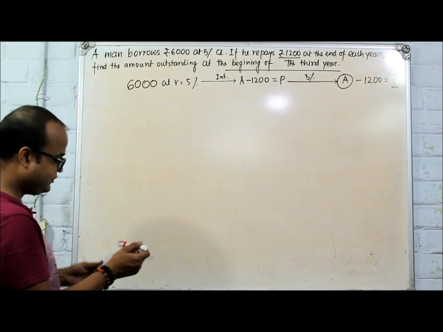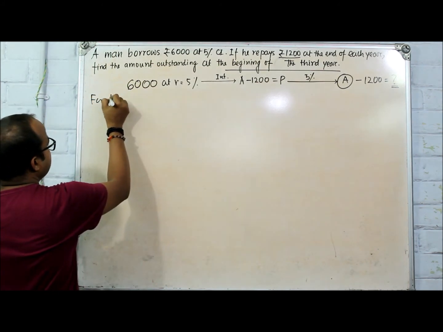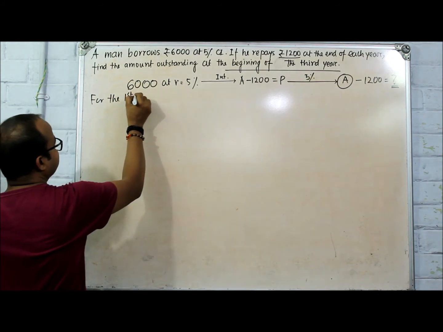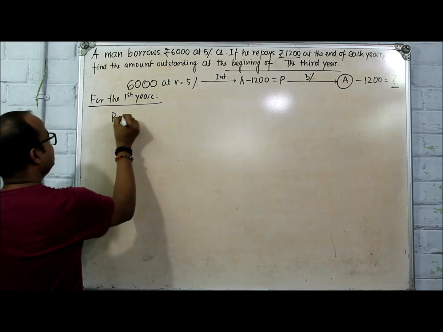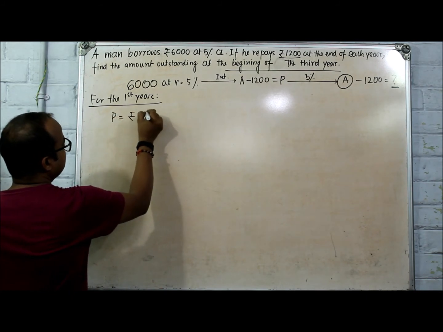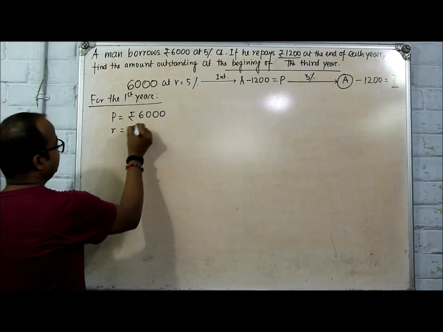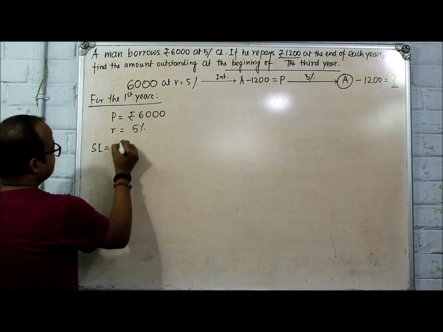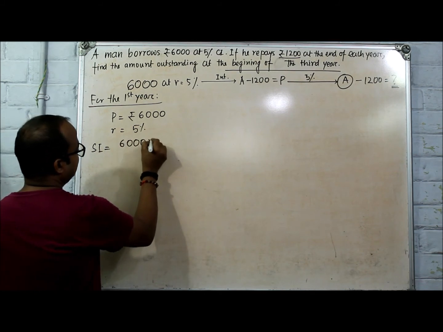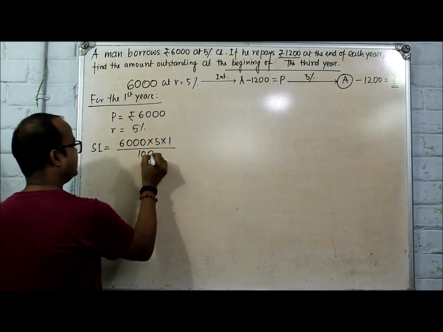So first we calculate SI for the first year. P is equal to rupees 6,000, R is equal to 5%, so SI is equal to PRT by 100, with T as 1 year.